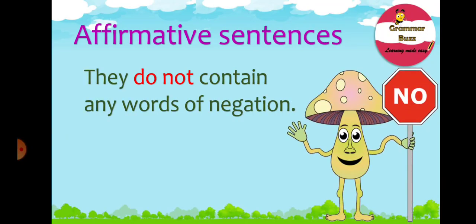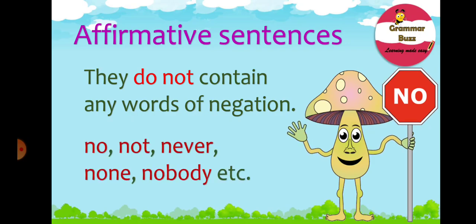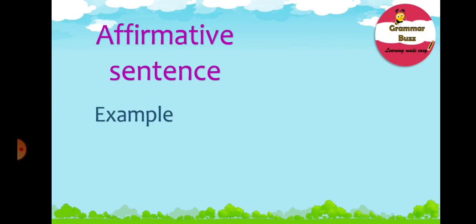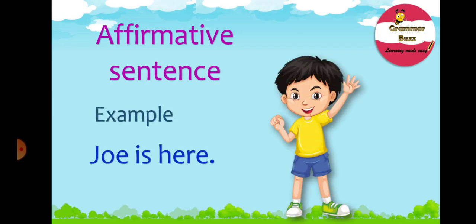These sentences do not contain any words of negation like no, not, never, none, nobody, etc. An example of affirmative sentence is Joe is here. Take note, no words of negation like no, not, never, none, nobody has been used in the sentence.